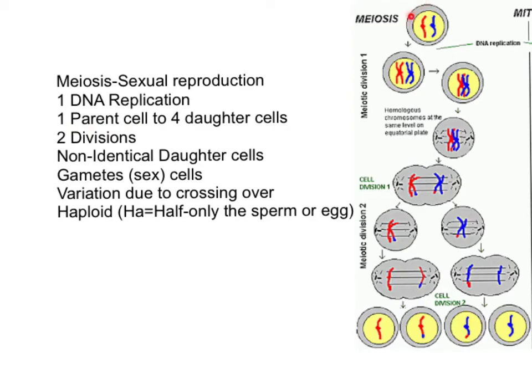You can notice that I'm going from 1 parent cell to 4 daughter cells. And those 4 daughter cells are non-identical, meaning that they are varied or have a variation. And this variation is due to the crossing over of the 2 chromosomes before they undergo division.